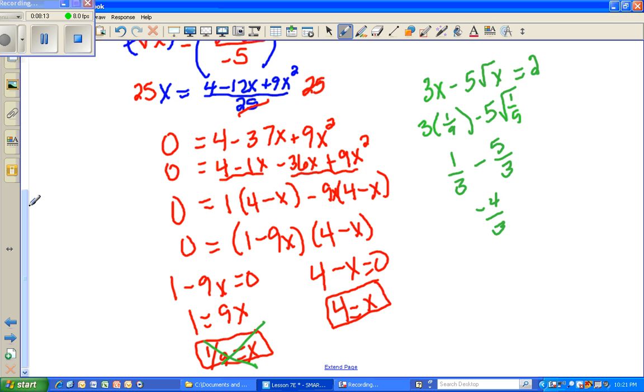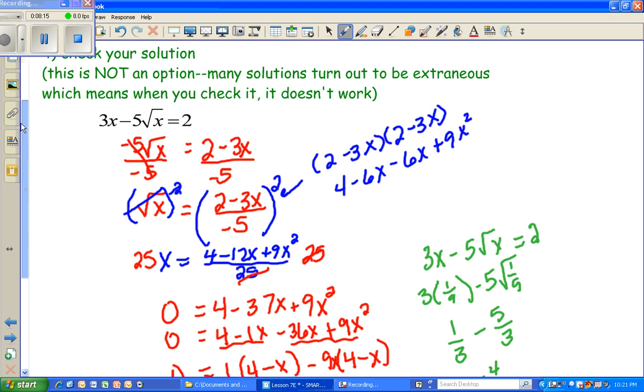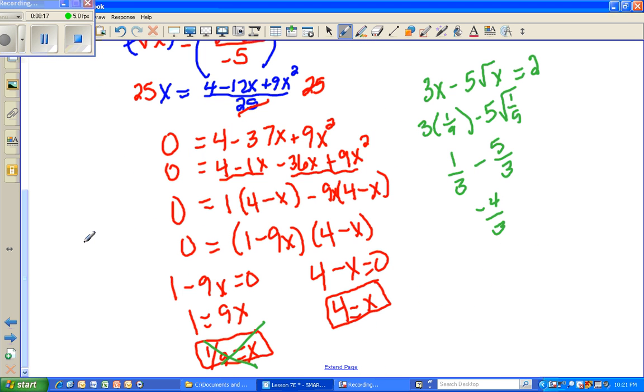That would be an extraneous solution. So then you're going to try 4 in there. So we're going to go 3 times 4 minus 5 square root of 4, and we want to get 2. That's going to give you 12 minus 10, which gives you 2. So this one works, and you're going to keep it. But the 1/9 didn't work, so you had to get rid of that one.